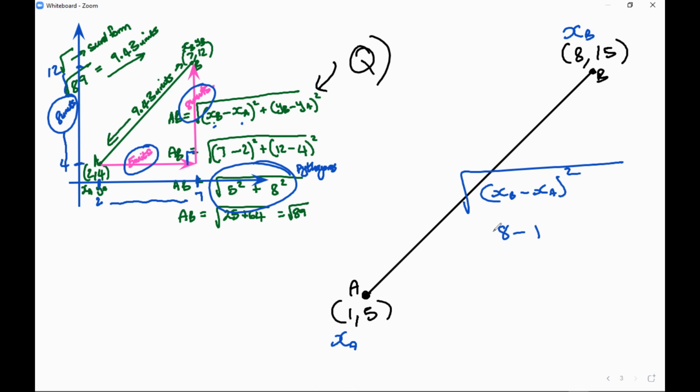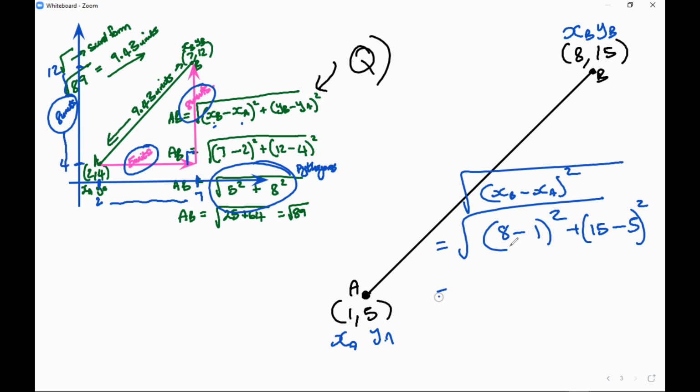So it's 8 minus 1 squared. Then we've got yb, which is 15. And by the way, we're adding this, so it's 15 minus ya, which is 5, all squared. And that comes to 7 squared plus 10 squared, which is 49 plus 100, which is 149.